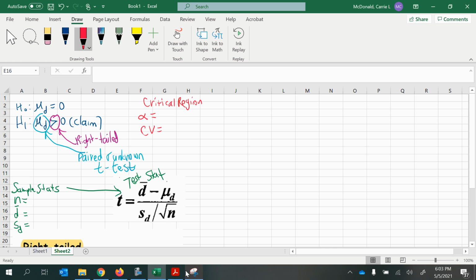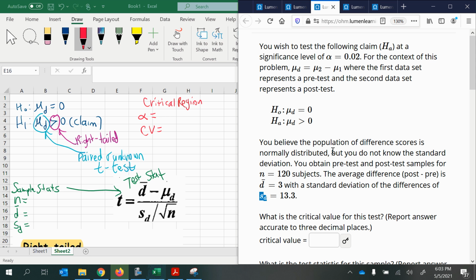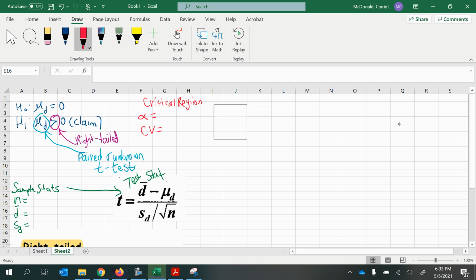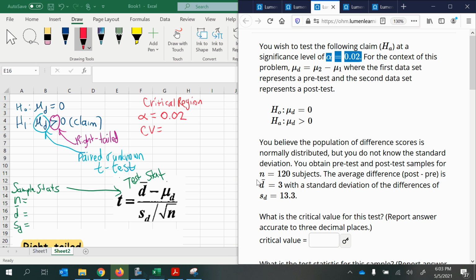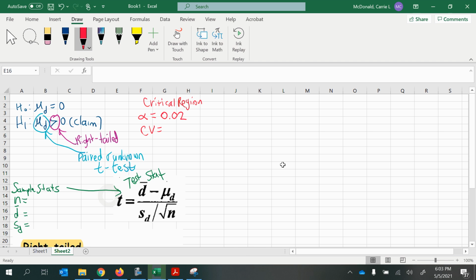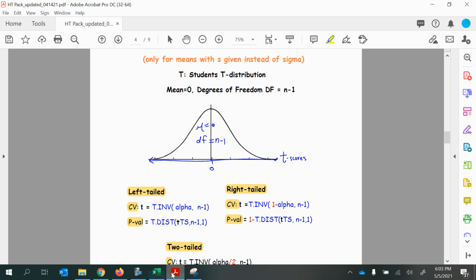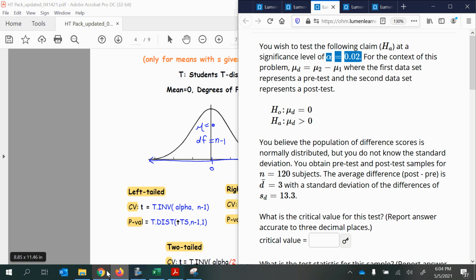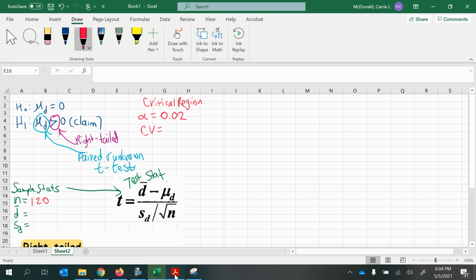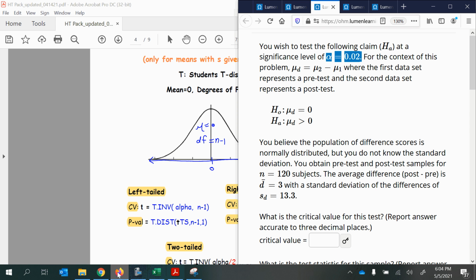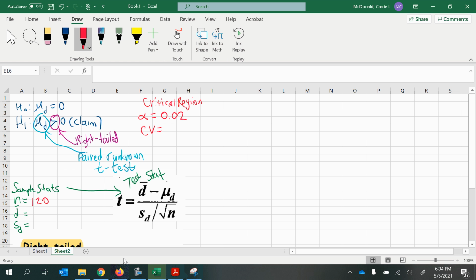All right, so let's look back at our information. We were given an alpha of 0.02. We were given some sample stats here, 120 for the N, the D bar, the sample, hang on, get this figured out. Got myself all mixed up here.